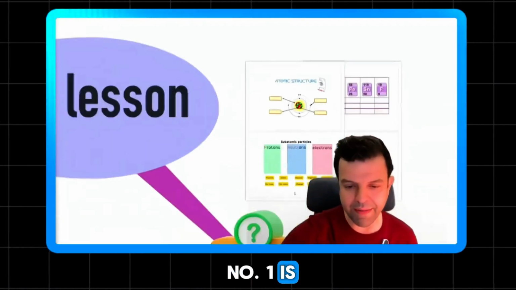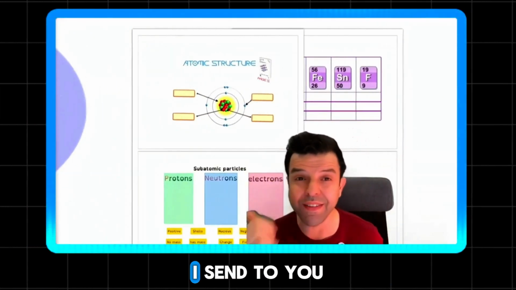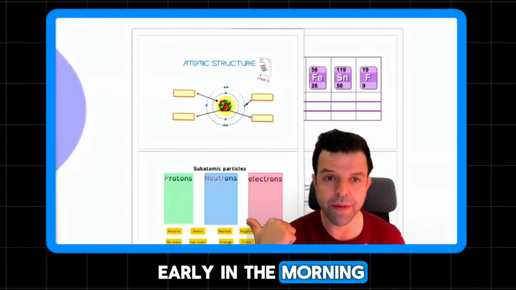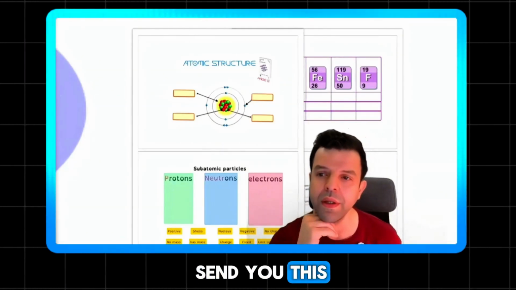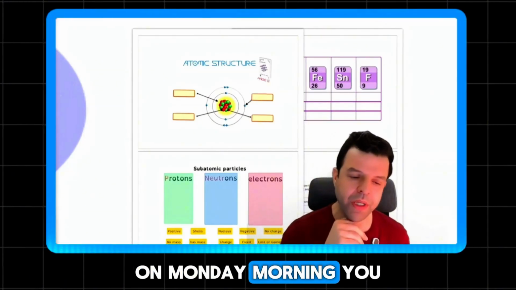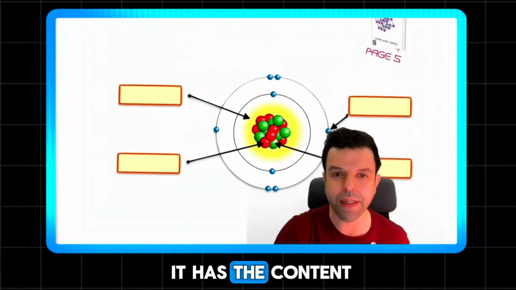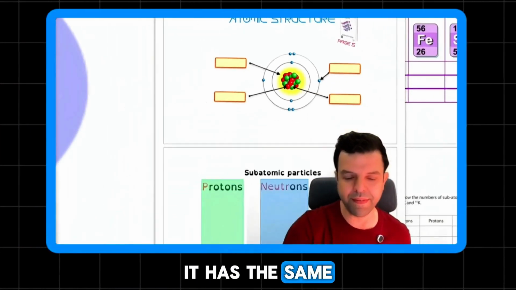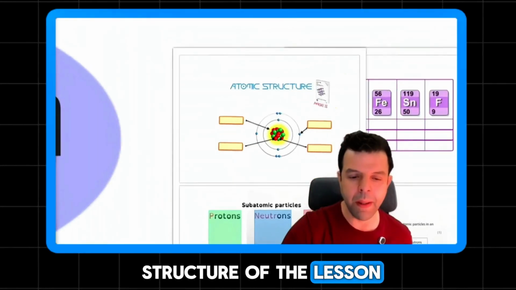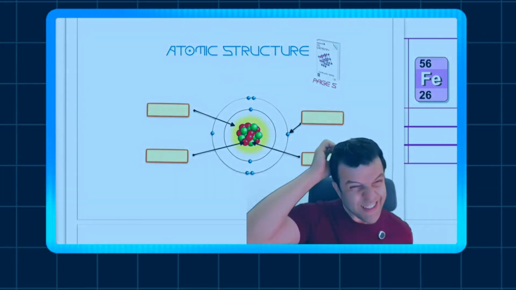Number 1 is there is always a worksheet I send to you early in the morning. So Monday morning, I send you this. On Monday morning, you get that PDF, and you can see it has the content of the lesson. It has the same structure of the lesson, but it's not solved.